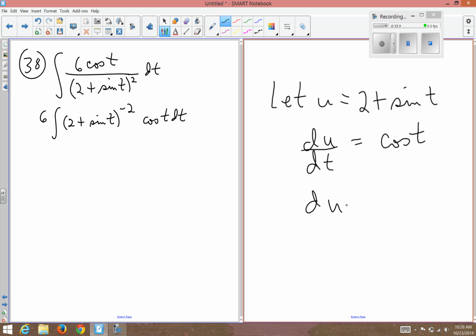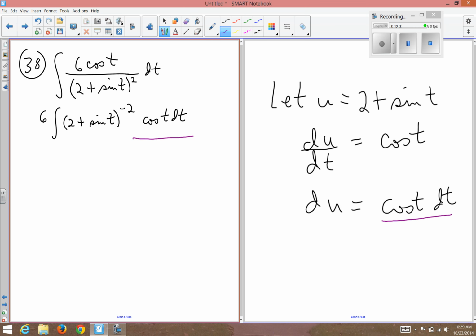That means du equals cosine t dt, which is what I wish were over here, and it is. I don't even need to use magic chalk to make a number up here. Cosine t dt is what I wish was here, and it's here.